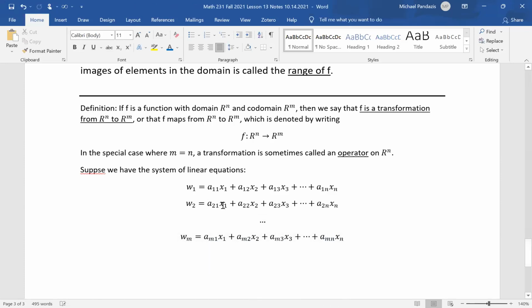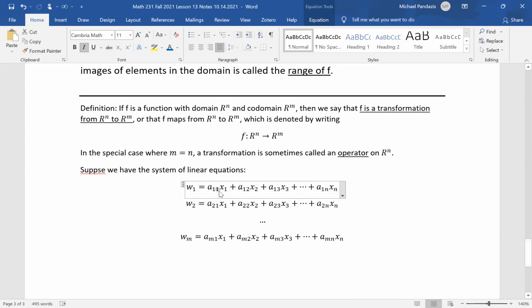Okay, so we have m equations and n unknowns. The first index is telling you which equation you're in. So this one is for the first equation. That's why there's ones here. And then the first index here is a 2 because they're on the second equation. The last equation is the mth one because it's W1 to Wm. So the first index in all of them is an m. But now the second index is saying it's a coefficient of which unknown.